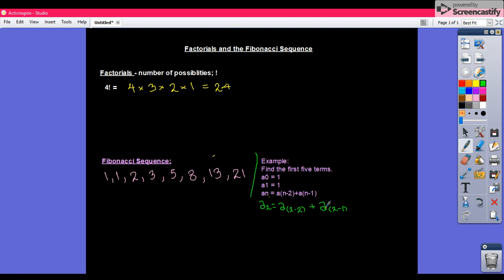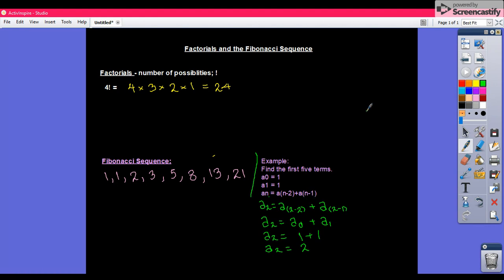And a means the terms of the sequence. So just make a note of that. Anytime you see a, you're looking for a certain term in the sequence. So cleaning this up, a sub 2 equals a sub 0 plus a sub 1, which is 1 plus 1, which would give me 2. So I know that the second term is 2.